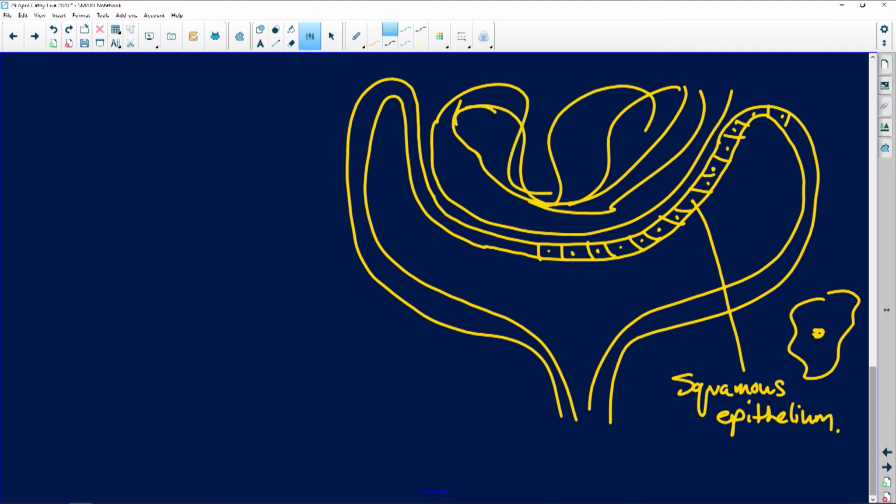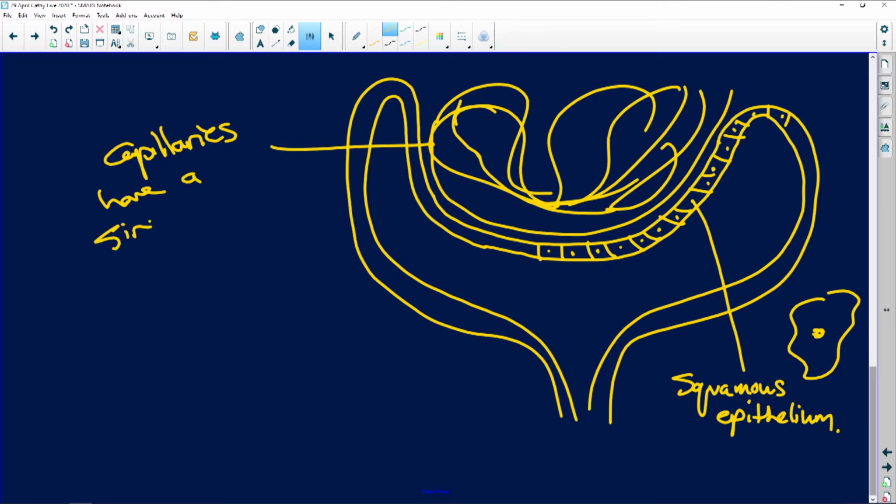There's your capillary. Okay? And remember, your capillaries have a single layer of endothelium. Okay, which means things can move in and out very quickly in those capillaries. All right, now we've got the podocytes, and the podocytes sit here like this. And then we have another one sitting here.